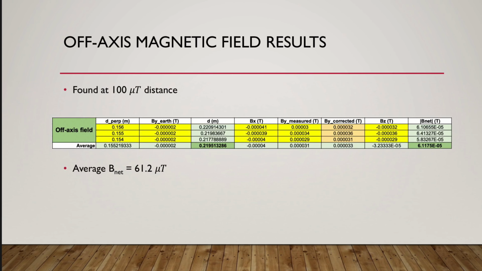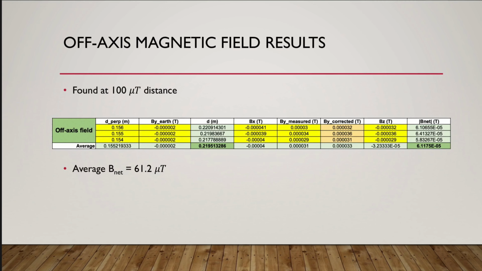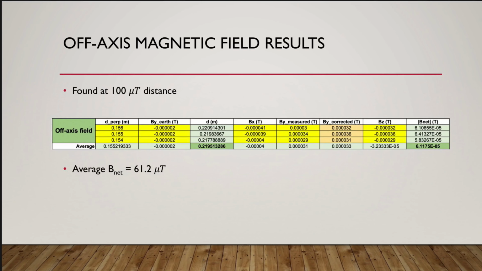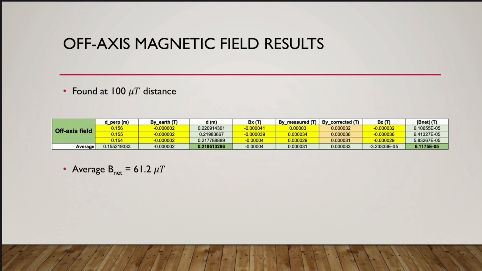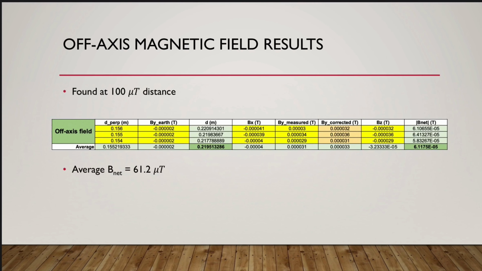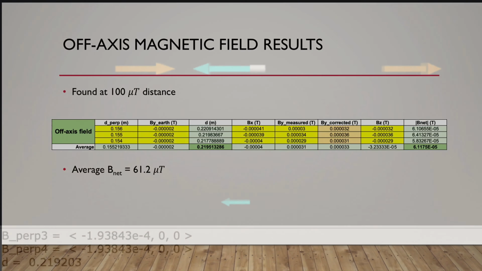This created a 45-degree angle from the magnet to the observation point, and there the magnetic fields were recorded. You must correct for the y component of the magnetic field due to magnetic north not being true north.